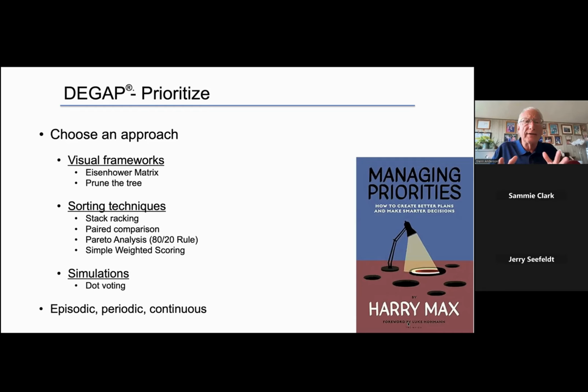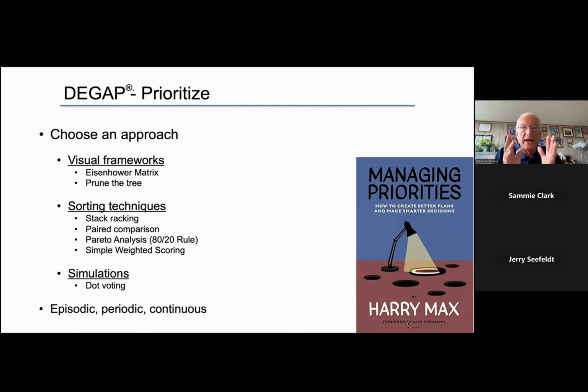You also need to decide, is this prioritization effort I'm going through what we would call episodic? That is, is this the one-off? I have a big decision to make. We're going to go through this prioritization, but we're only doing it for this one instance. Or is this something that's periodic? I've got to set up a regular every week, every couple weeks, every month.